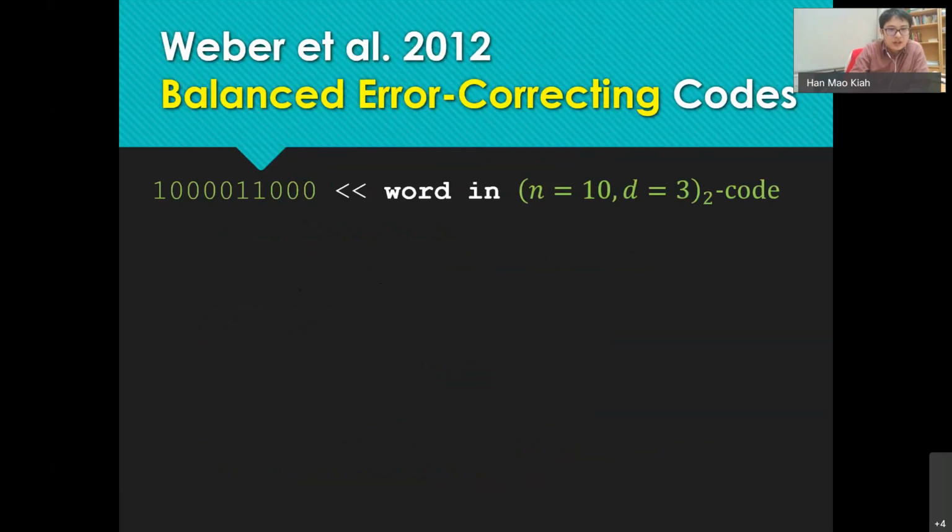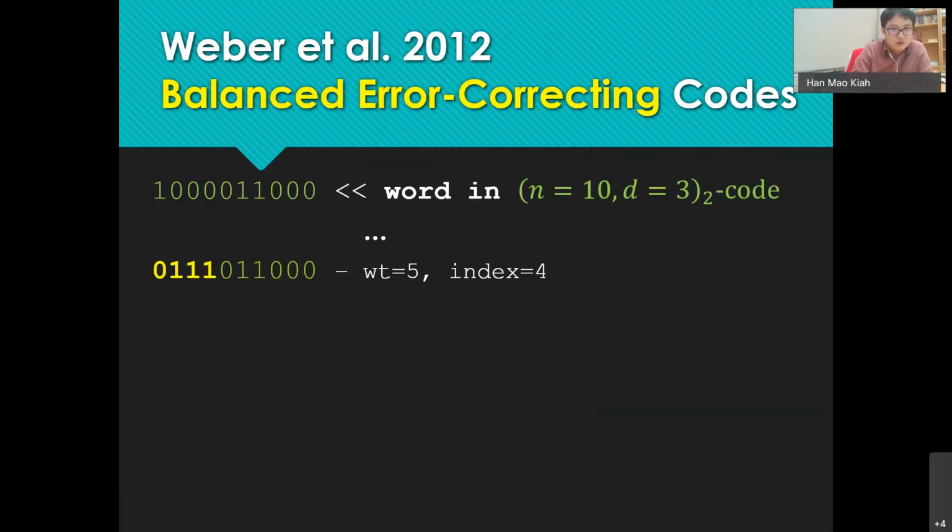At the beginning, instead of picking any message, Weber et al. pick words from an error correcting code, here a block code of distance 3. They then follow what Knuth did, flipping some of the prefixes to get a balanced word.